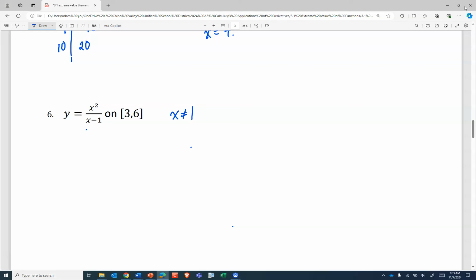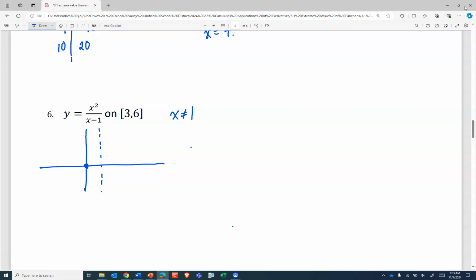So, what does this graph look like? Well, this graph has a y value of 0 at x equals 0, has a vertical asymptote at x equals 1. End behavior, the end behavior's slant asymptote.